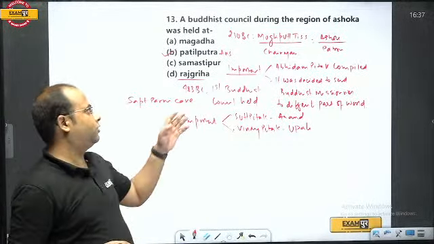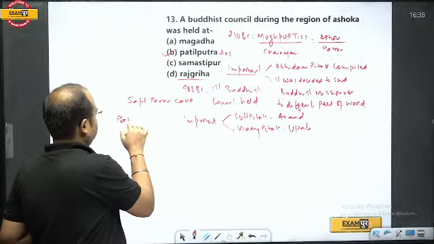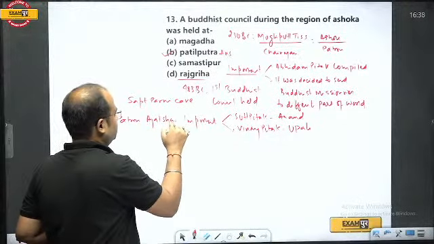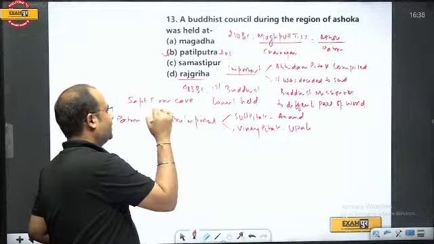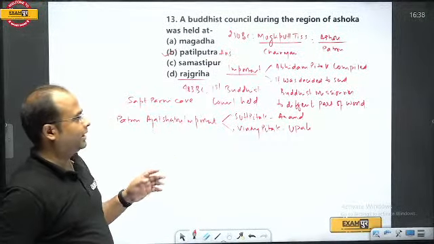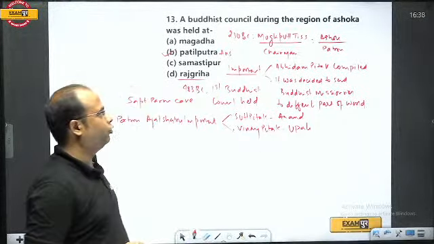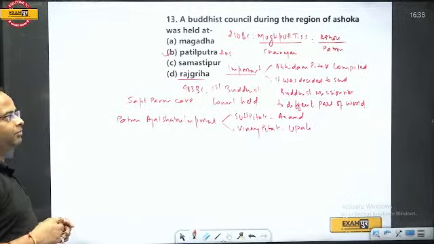The first Buddhist council was held during the time of Ajatashatru, who was the patron. So the correct answer will be, guys, option B, that is Patliputra.